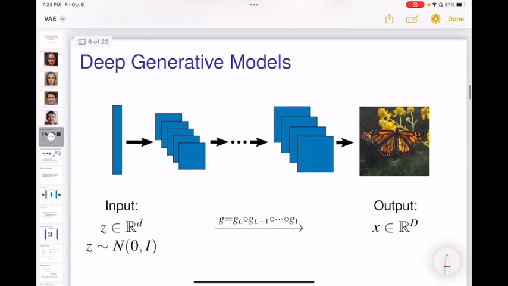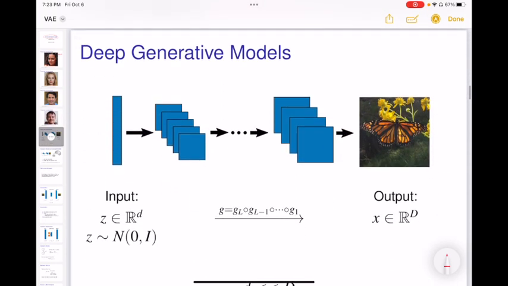Okay, and how does this work? It's using a deep generative model. A deep generative model is essentially a network that takes in a random input, like a latent code. Here, the random input is just sampled from a 0 1 distribution. You can sample any latent code like this. You should be able to generate arbitrary amounts of data from generative models, which is why this latent code should be randomly sampled.